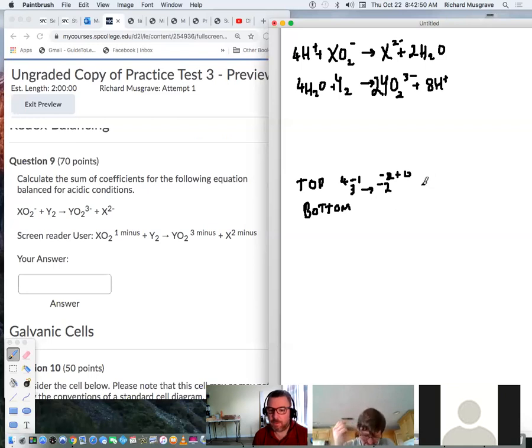The difference, 3 minus negative 2, is 5. A common mistake that people will make here is they'll say 3 and negative 2, the difference is 1, but it's not, it's 5. So it's 3 minus negative 2, which is 5. The 5 electrons get added to the side with the higher charge, which is the 3 side. So the 5 electrons go over here.